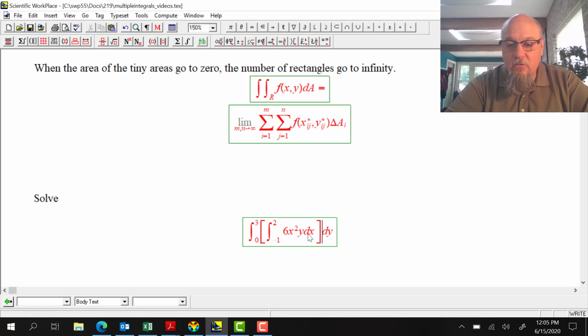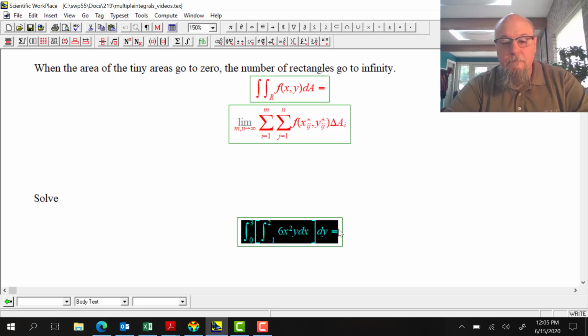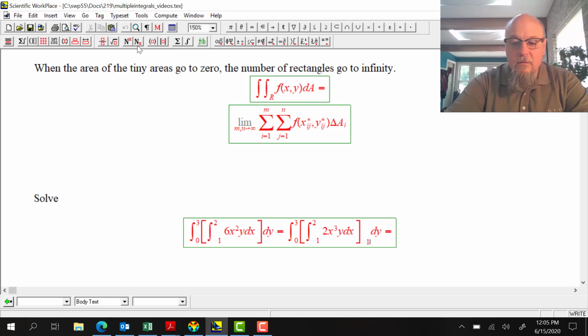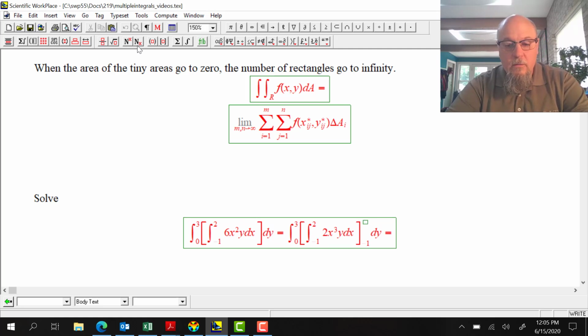So I can integrate this expression with respect to x. So integrating with respect to x, treating y as a constant, that's an add 1 to the exponent, divide by what's up top. And then we're going to go for x, sub in the minus 1 to the top.